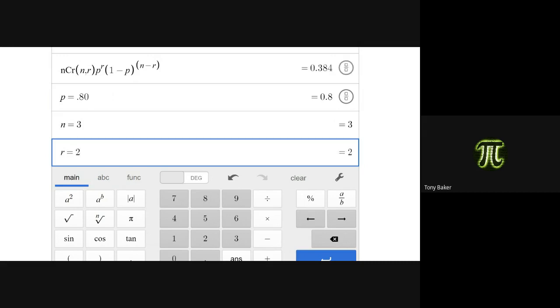Now 2. The probability of exactly 2 people being alive out of those 3 is 0.384. And then the probability that all 3 will be alive is 0.512.